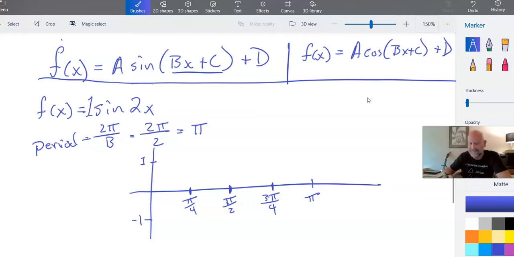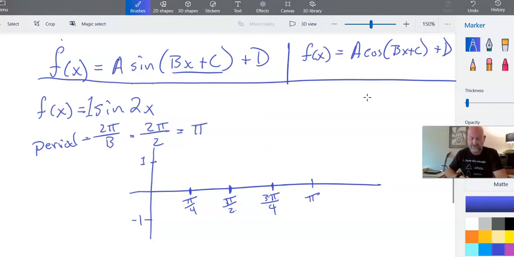Now, if you think about this, pi is now the unit. I have 1/4 of the unit, 1/2 of the unit, 3/4 of the unit, and then the whole unit. So I have 1/4 of pi, 1/2 of pi, 3/4 of pi, and then pi. Right? So it really is just counting by fractions. You're counting by quarters in this case.